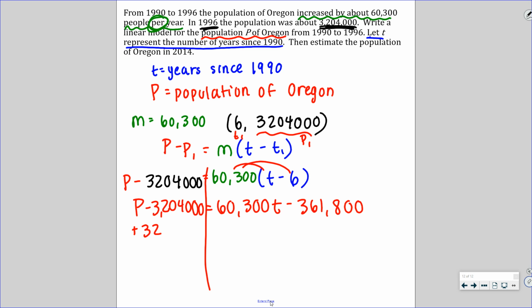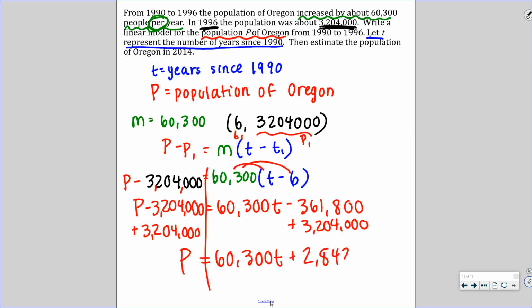If it helps you to put commas in now, you can. That's up to you. Whatever's going to allow you to make fewer mistakes. We get our model to be P equals 60,300 times T plus 2,842,200.